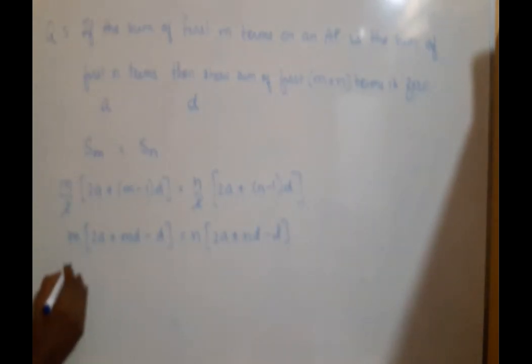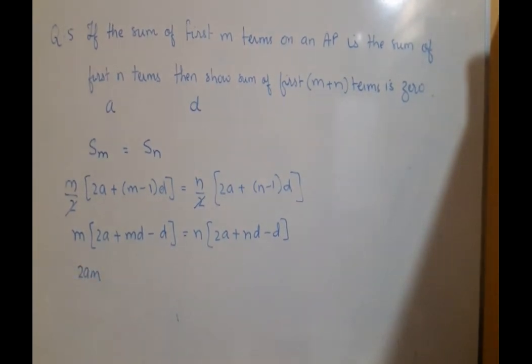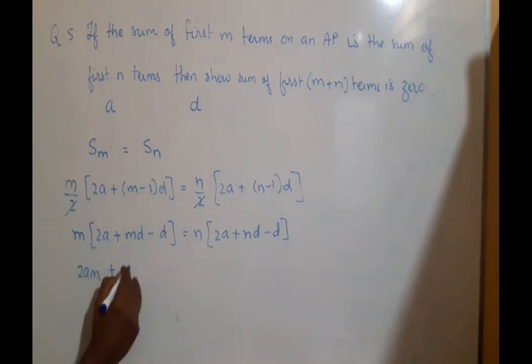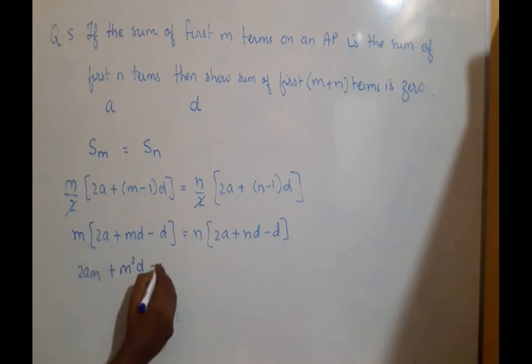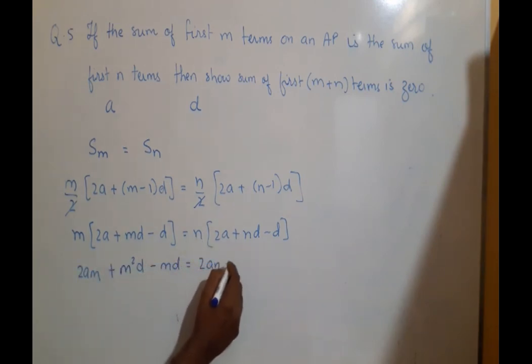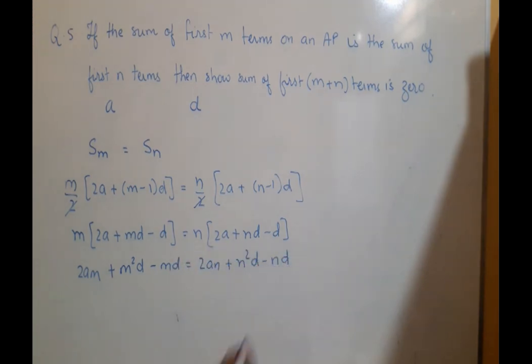Now we open the bracket, so we get 2am plus m square d minus md equal to 2an plus n square d minus nd.